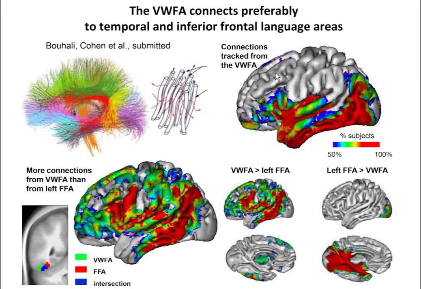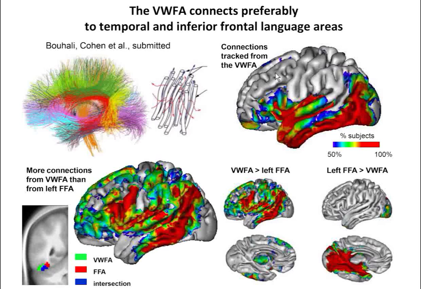So if we track from one, or if we track from the other, do we find the same systems? No. If we track from the visual word form area, we find more connections to all of these regions, which are predominantly language areas. And vice versa, if we track from the fusiform face area, we find predominant projections to these more mesial systems, including the amygdala and the anterior mesial temporal areas that have to do with face recognition.